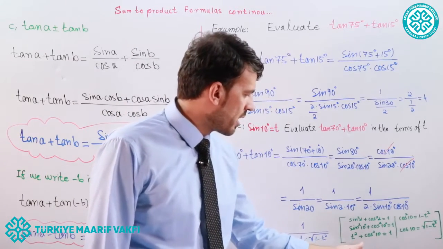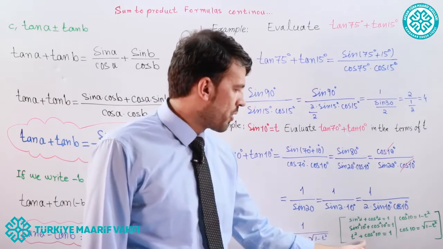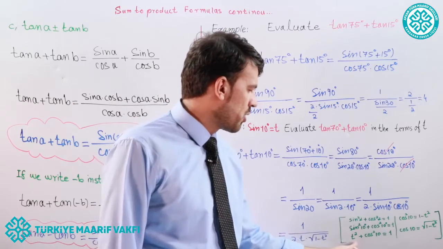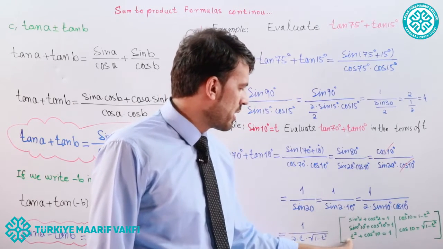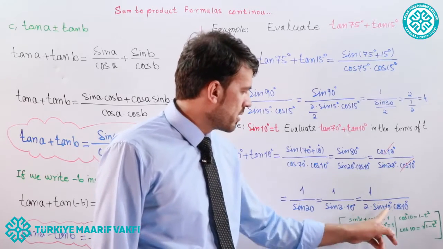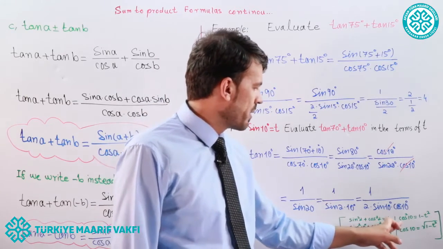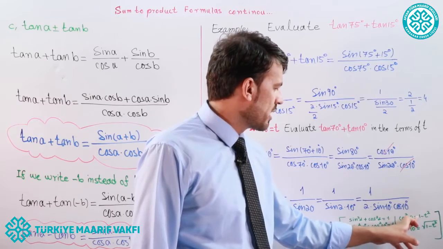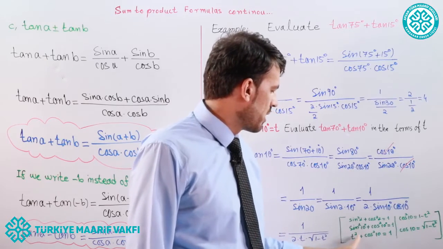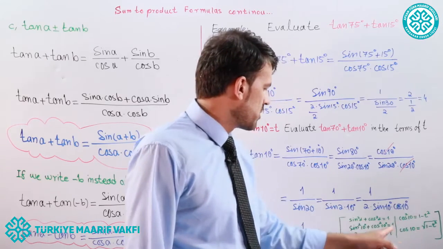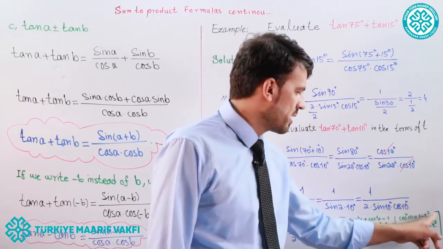If we obtain cosine of 10 degree from this equation, t square should be taken to the right side, and this will be cosine square of 10 degree equal to 1 minus t square.